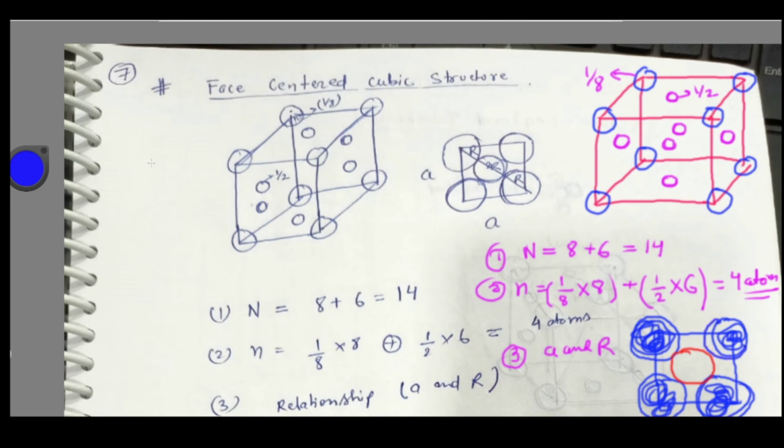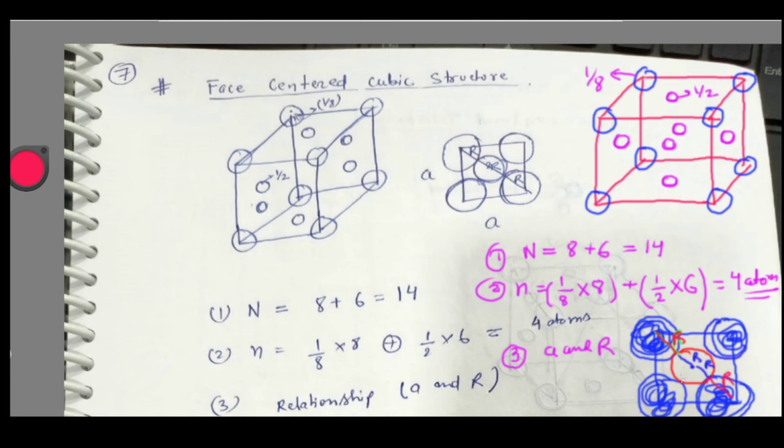Okay, now suppose this is the center. From here to here it is 1 radius, here to here 1 radius, so 2 radii are from the face center atom, and 1 radius each from the corner atoms on either side.